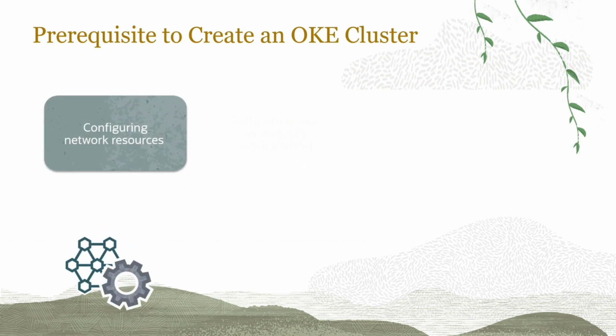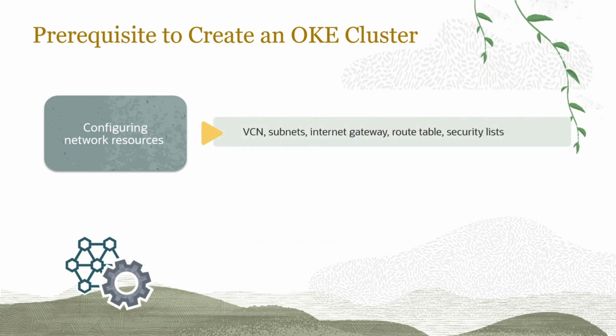The next vital aspect is configuring network resources within the compartment. These resources include components like virtual cloud networks, subnets, internet gateways, route tables, and security lists. These components must be set up correctly in each region where you plan to create and deploy clusters. The best practice here is to opt for regional subnets, making failover across availability domains easier to manage.